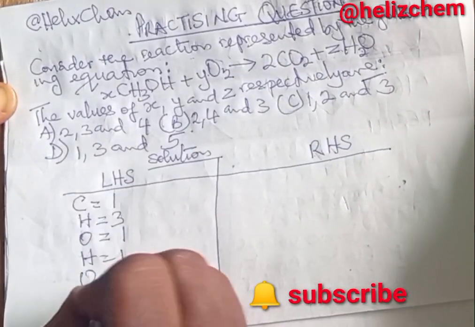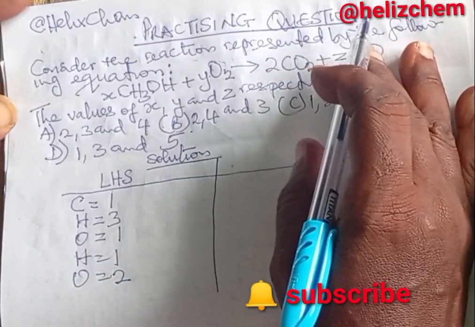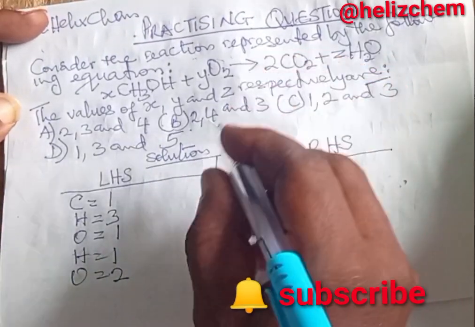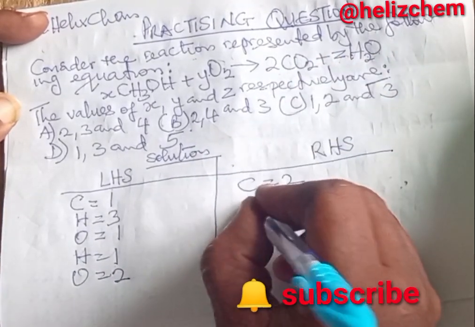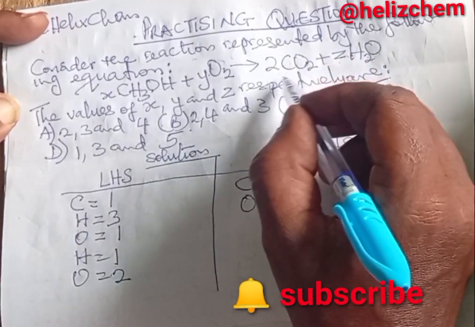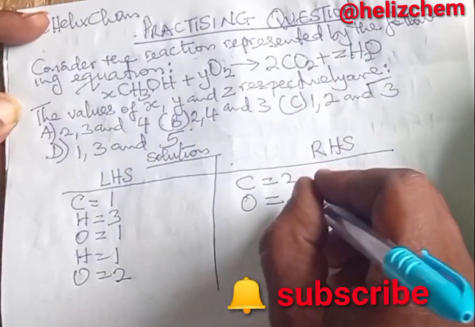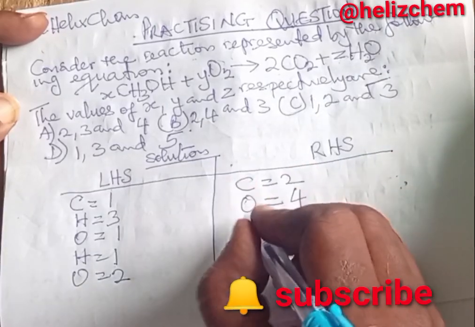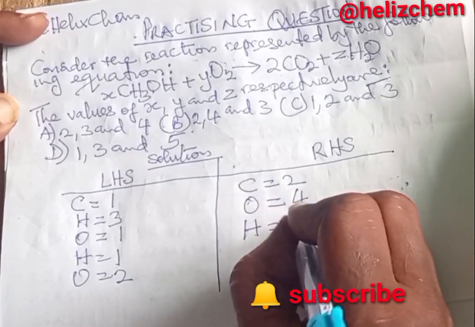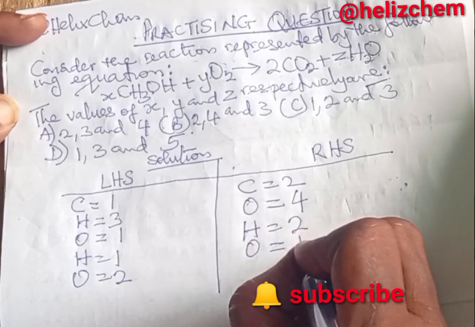And oxygen here is 2. Let's go to the product side. The number of carbon here is 2. The number of oxygen is 4 because 2 times 2 here, making 4 atoms of oxygen. Then hydrogen here, we have 2. Oxygen here, we have 1.